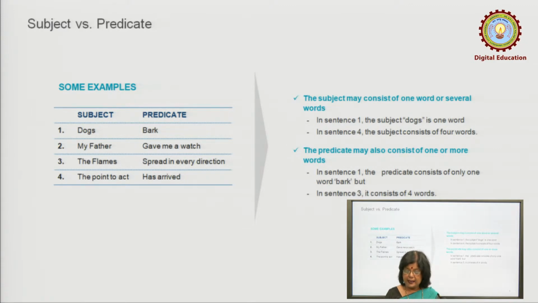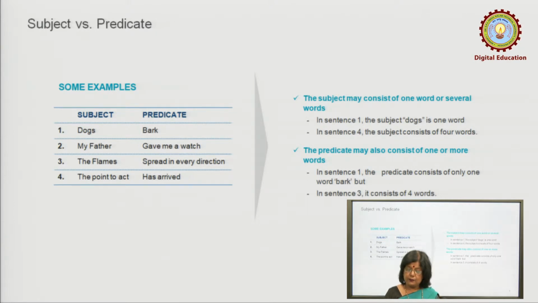But in sentence 4, the subject consists of 4 words. Just pay attention to sentence number 4. The point to act has arrived. Here the subject has 4 words: the point to act, 1, 2, 3, 4. So, it is a group of words denoting a subject.